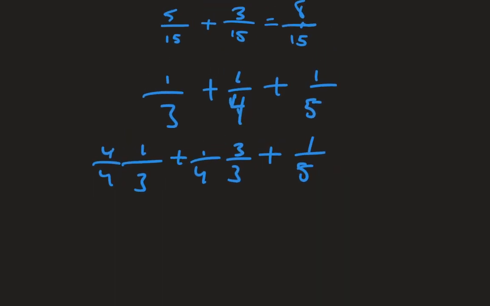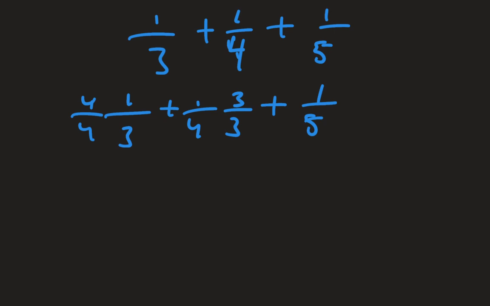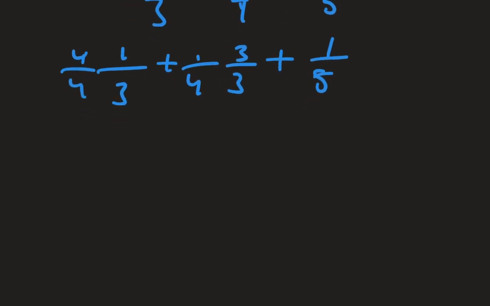Personally, I like that method. I like to give myself a little more work. But we can also just multiply the 3 times the 4 times the 5 all together and get 60.